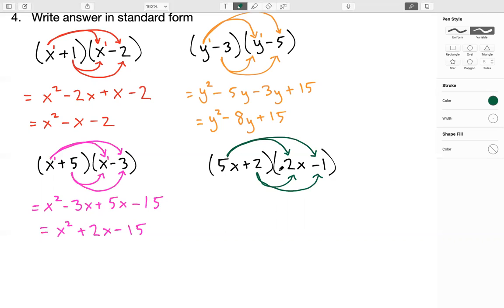We learned how to do that in the last lesson. We'll take the coefficients, multiply those. 5 times 2 is 10. X times x is x squared because we have a 1 here and a 1 here. 1 plus 1 is 2.